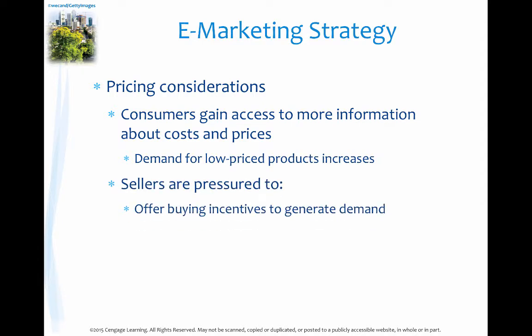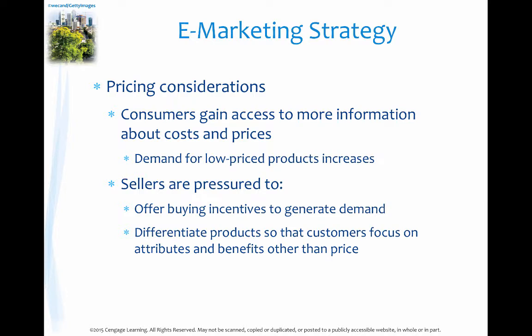Several marketers are offering buying incentives like online coupons or free samples to generate consumer demand for their offerings. The new access to pricing information places new pressures on the seller to be competitive and to differentiate products so that customers focus on attributes and benefits other than price.